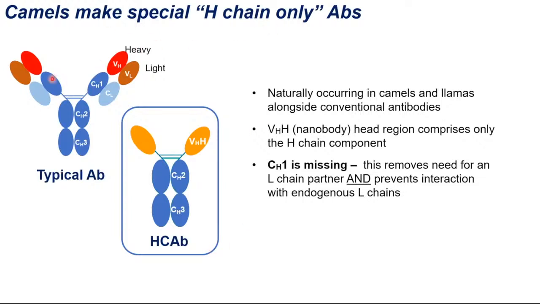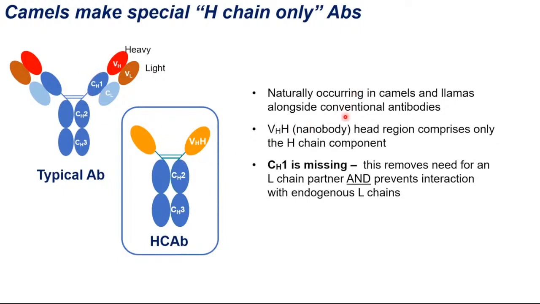Over here is the diagram of the typical antibody I've already shown you. And here's what the heavy chain only antibodies look like. You'll see they only have one chain. It's a heavy chain. They don't have the light chain partner. And in addition, if you look carefully, although these two regions called CH2 and CH3 are present, this region up here called CH1 in the heavy chain is missing.